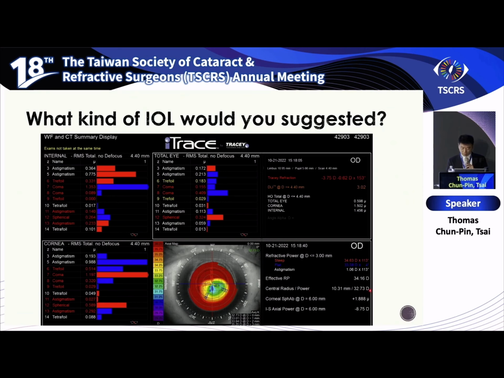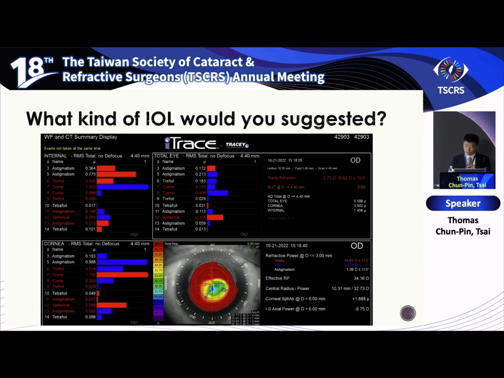I think an aspherical IOL is a good choice for this patient, such as the Johnson & Johnson Tecnis IOL, which could correct a severe aberration of 0.2 micrometer. Although there are long astigmatic bars in the aberration analysis of the cornea, there is no bow tie pattern in his topography. So a toric IOL gives no benefit in this patient.